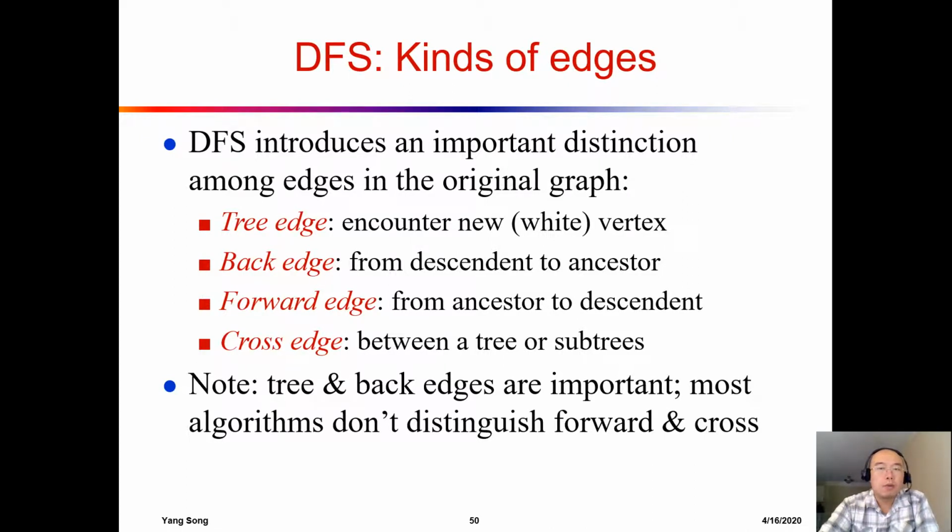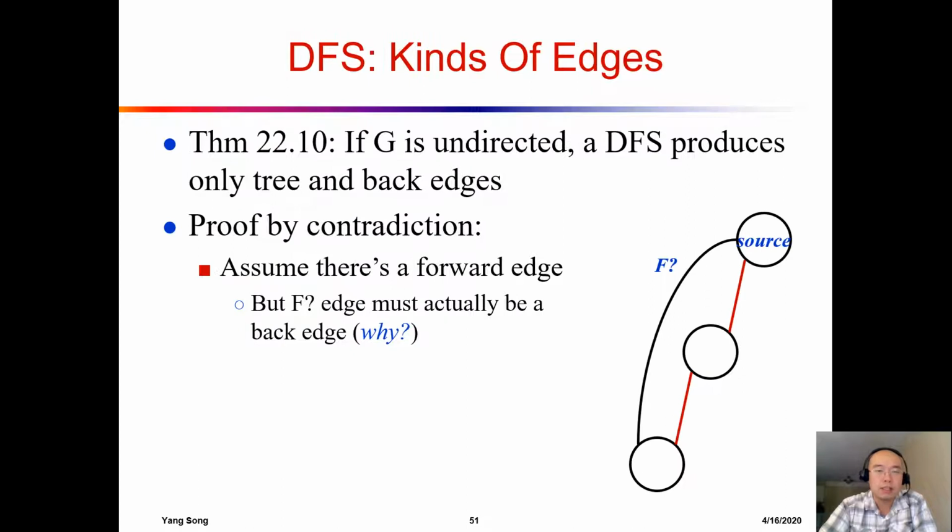Okay, so using the DFS, we can introduce the definition of the four different types of edges. Usually, for most algorithms, we will distinguish the tree edges and the black edges. But usually, people don't put much emphasis on distinguishing the forward edges and the cross edges. And here is a theorem in our textbook, theorem 20.10.